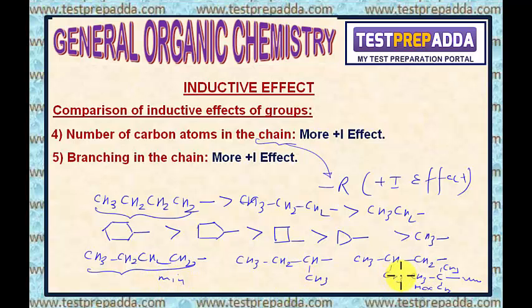Now out of these two, in which case the carbon which is directly attached with the chain has got more branching, this one. That is why you will say number 1 here, number 2 here, number 3 here, number 4 here with regard to the plus I effect. My point is clear.